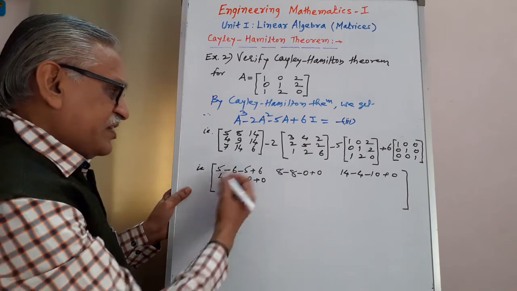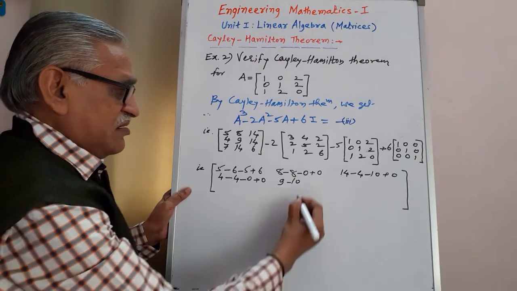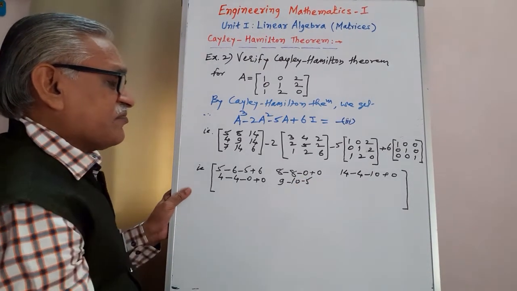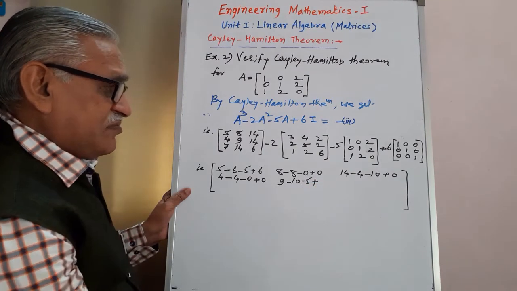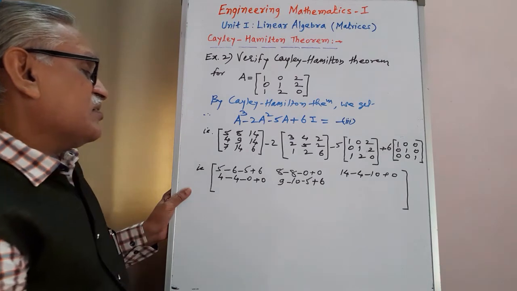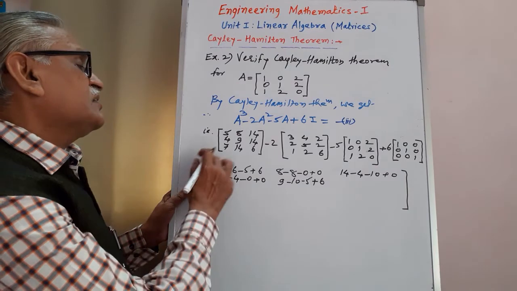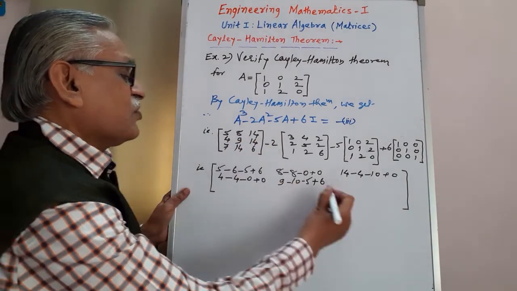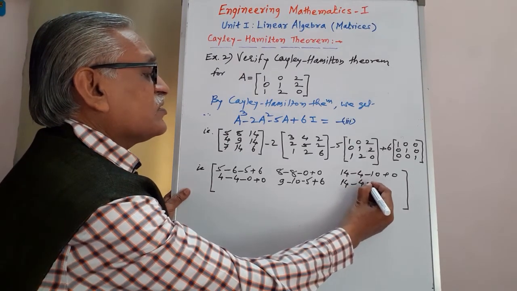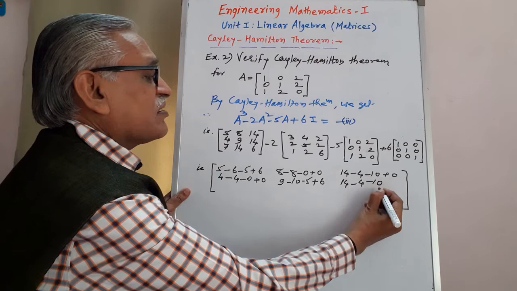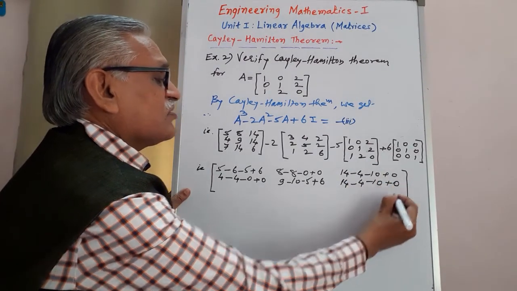Then second element of second row, 9 minus 10 minus 5 and plus 6. Okay, then addition of third element of second row, 14 minus 4 minus 10 and plus 0.